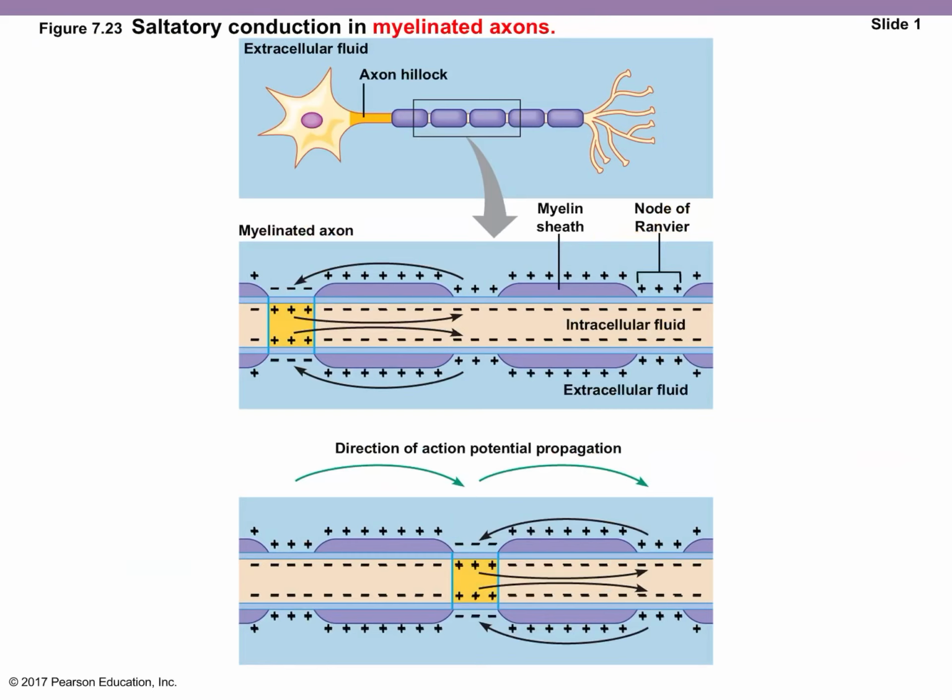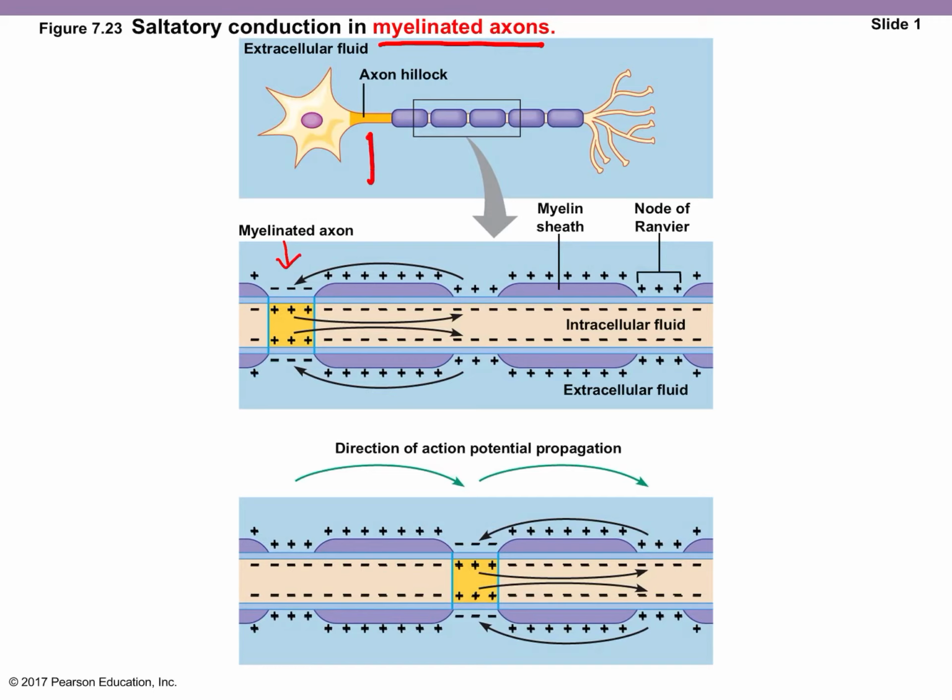By comparison, if there is a myelinated axon, remember your cells that myelinate: they are your Schwann cells in the peripheral nervous system, and the oligodendrocytes in the central nervous system. Myelination occurs in little chunks, and then we have areas where we have exposed axon. Those are called nodes of Ranvier.